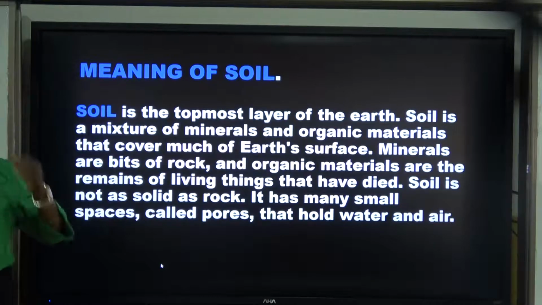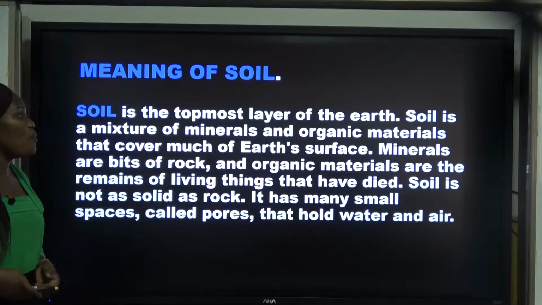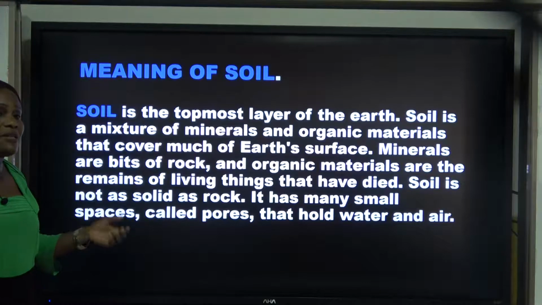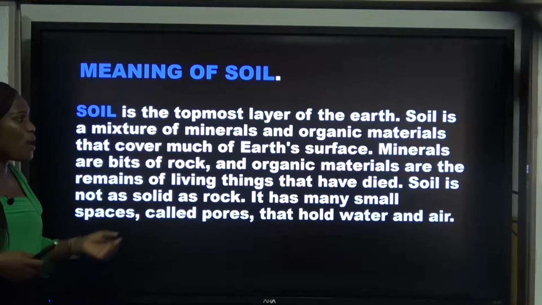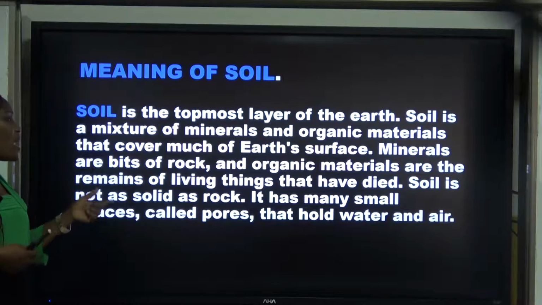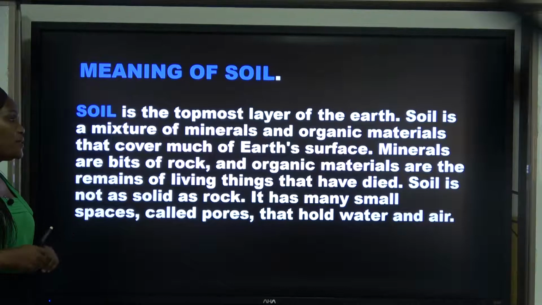Meaning of soil. What is soil? Soil is the topmost layer of the earth. We have different definitions. Another one is: soil is a mixture of minerals and organic materials that cover much of the earth's surface.